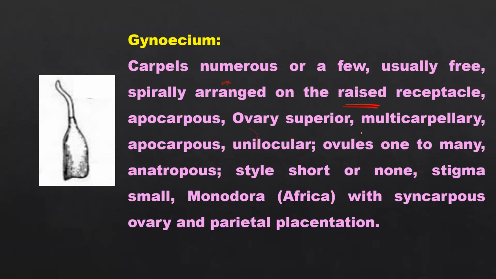Ovary superior, multicarpellary, apocarpous, and unilocular. Ovules 1 to many. Ovules are many. Anatropous ovule. Style is short, sometimes absent. Stigma is small. Monodora has syncarpous ovary and parietal placentation. Here you get to see a variety of placentation as well.